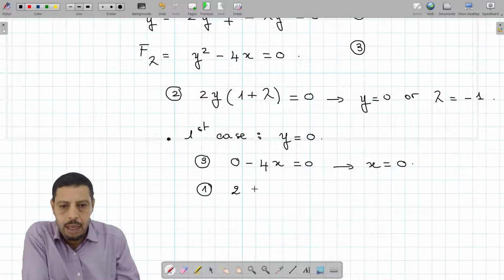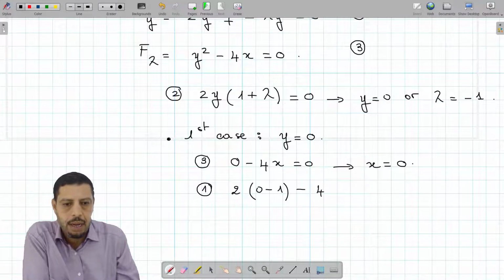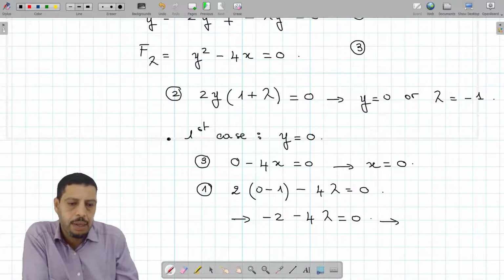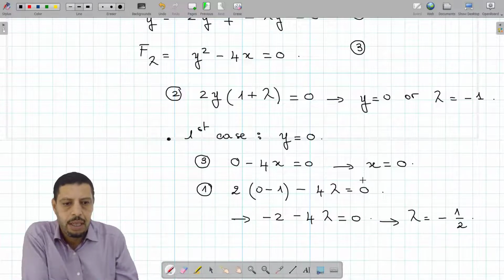It's 2 times (0 minus 1) minus 4 lambda equals 0, which means that you have minus 2 minus 4 lambda equals 0, and you get lambda equals -1/2. So you found the x, the y, and the lambda. So you found your first critical point. Okay, so we have a first critical point here.